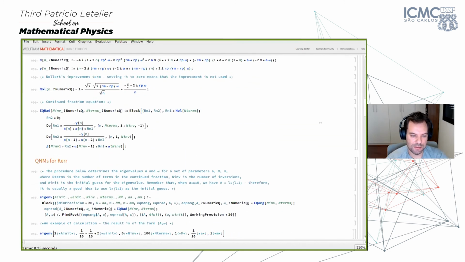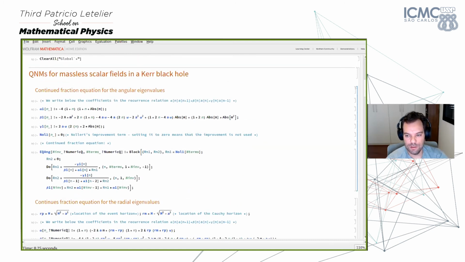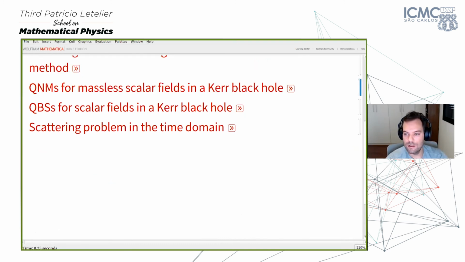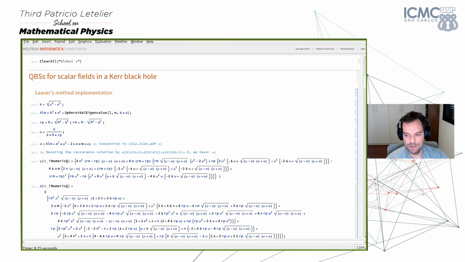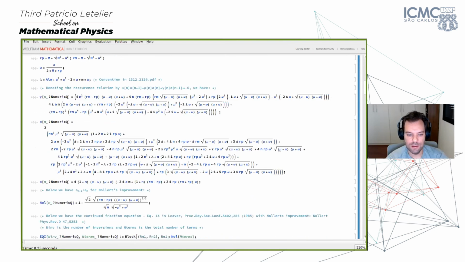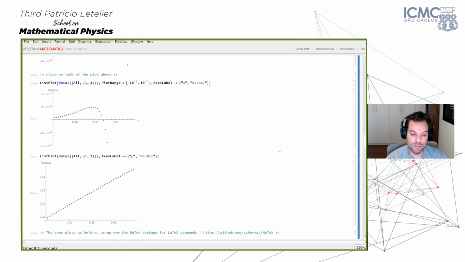This is basically the same that I showed you on Tuesday when we did it for the angular eigenvalues. Here we do it for the angular and the radial eigenvalues at the same time, since the equations are mixed together. And then here we do the same for the quasi-bound states. We define the alpha, beta, and gamma coefficients, and solve the continued fraction equation.